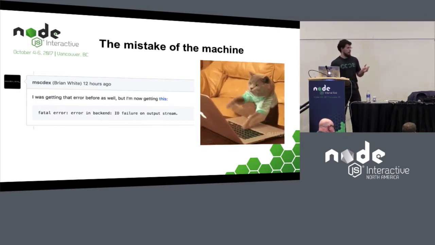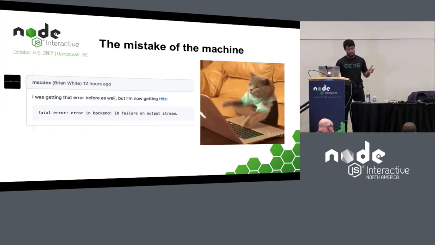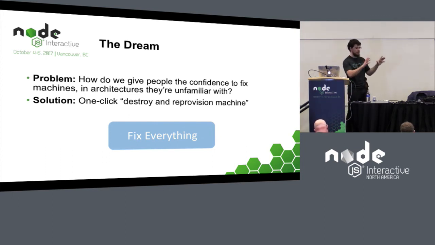So how can we make this better for people who don't already know everything about build, which is most people? Our Ansible scripts, especially when you have them run through a graphical interface, so you just have a nice button that says, fix machine. You can tear down the machine, give you a new one, put all the stuff on it. It's exactly a pristine new thing. And that fixes so many bugs.